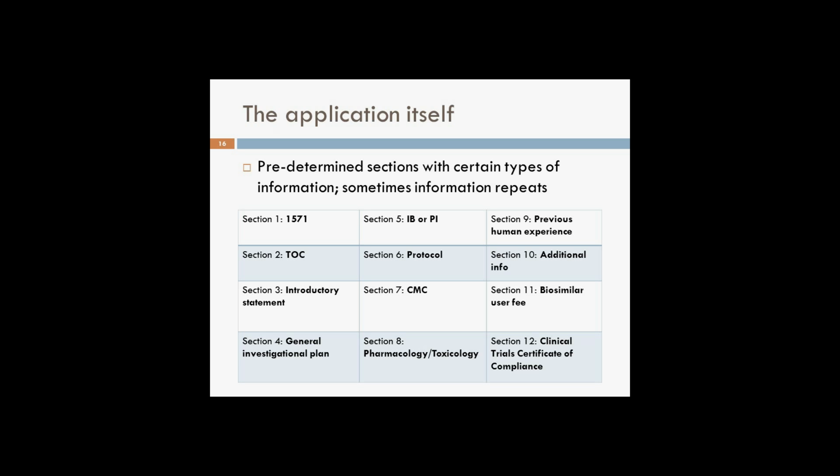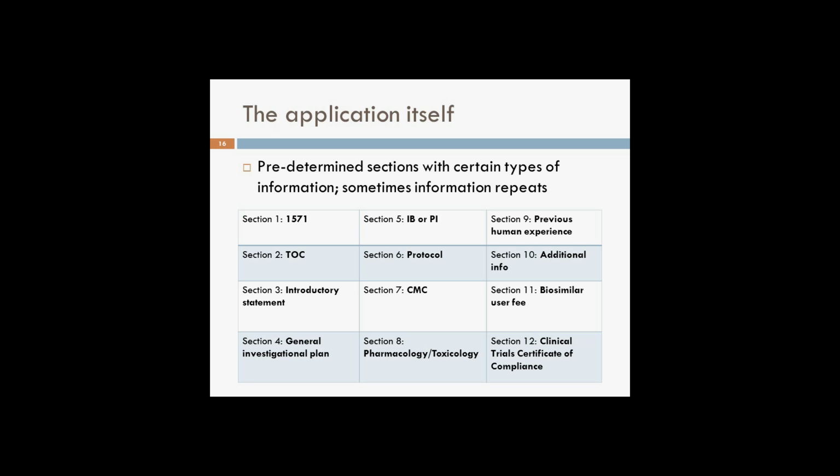If it's not an approved drug, you need to compile what's called an investigator brochure, and you only need that if you have a multi-site study. If you're only studying things at UAB, you don't need an investigator brochure. It lists why we're studying the drug and any potential side effects you need to be on the lookout for. So it's a summary document about the drug, and the IB will also have any animal studies that were done with the drug.